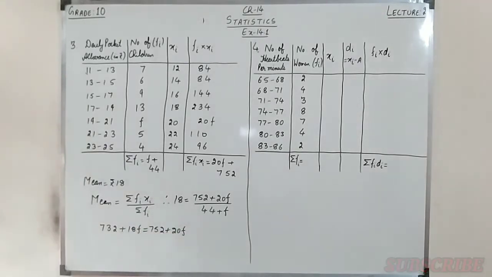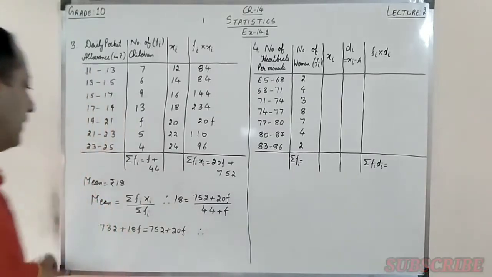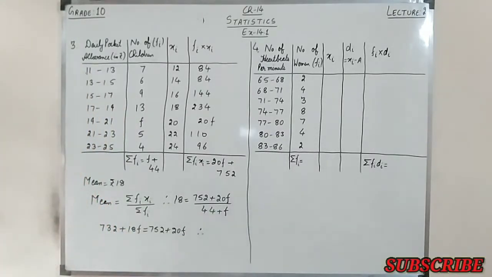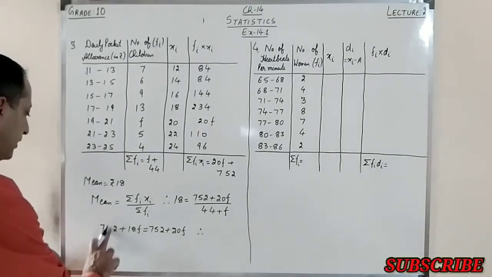Now after simplifying, what do we get? The value of F as equal to, so let me check, is this 732 or something else? This is 792, sorry.